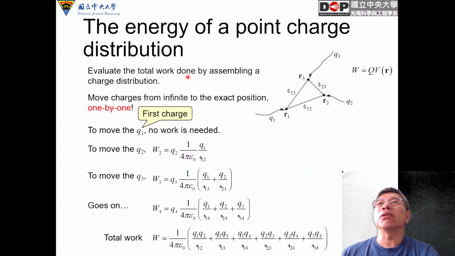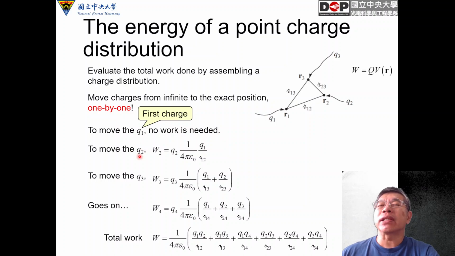So evaluate the total work done by assembling a charge distribution. Typically we can consider a process where we bring charges one by one from infinity to the exact locations where they are distributed. We just add up the total work one by one. We move the first charge to a certain location. No work is needed because initially there's no electric field.